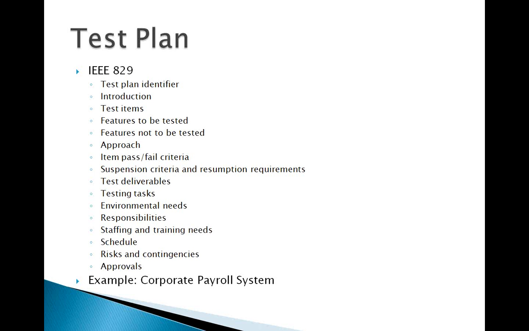What are these things? So these are test plan identifier, introduction, test items, features to be tested, features not to be tested, approach, item pass fail criteria, suspension criteria, resumption requirements, test deliverables, testing tasks, environmental needs, responsibilities, staffing and training needs, schedule, risk contingencies, and approvals.